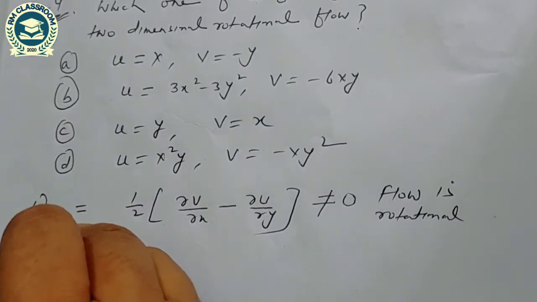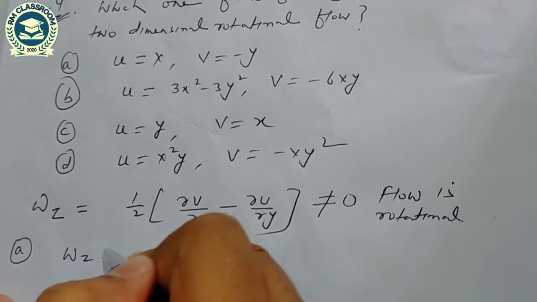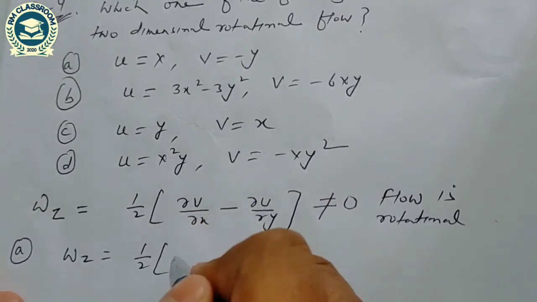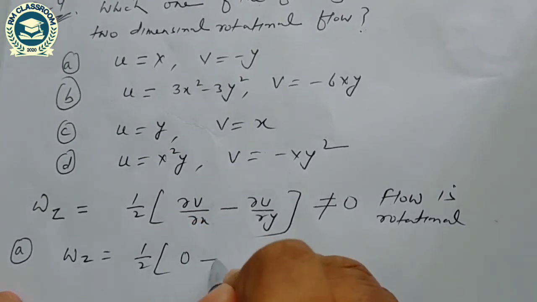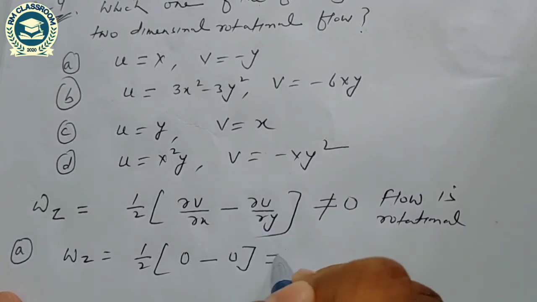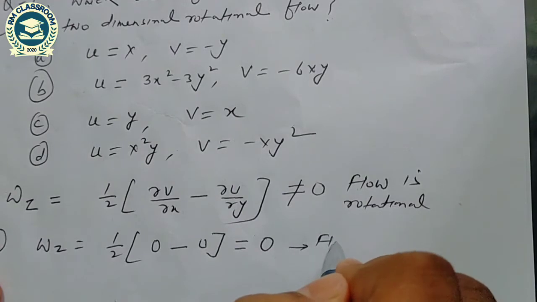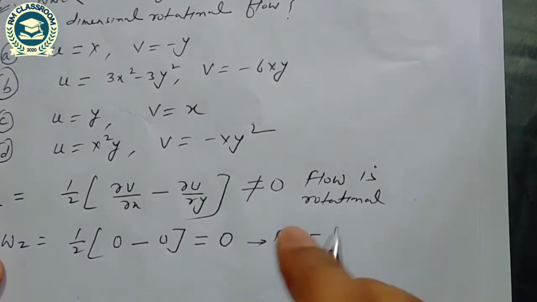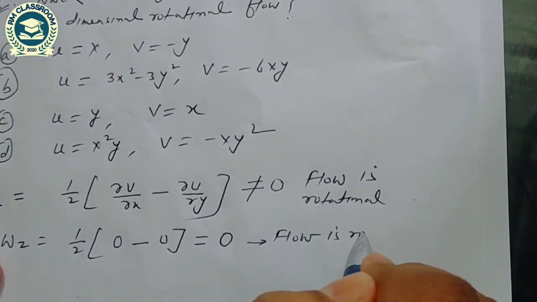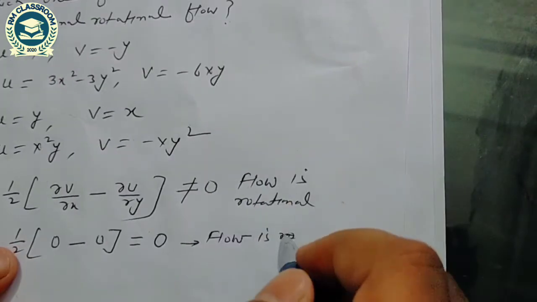So for option A, if I check omega z is equal to 1 by 2 times del v by del x, which is 0, minus del u by del y, which is 0. It is 0, so the flow is irrotational.